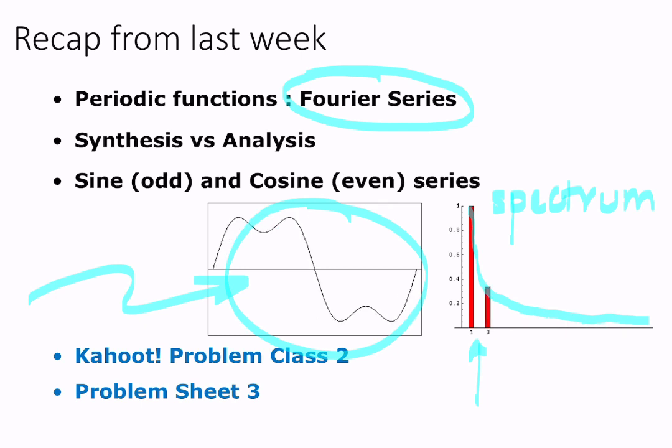If we're trying to reproduce a square wave, then the number of harmonics and the accuracy with which these amplitudes can be determined will determine how good that approximation is. We introduced this idea of distortion, this ripple, which we refer to as Gibbs phenomenon or Gibbs ripples.